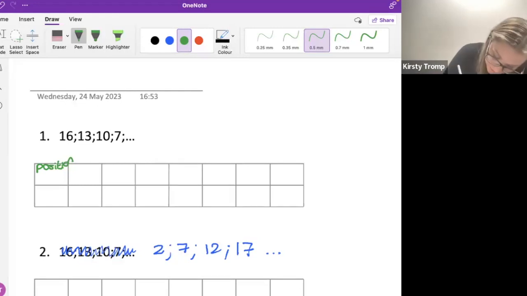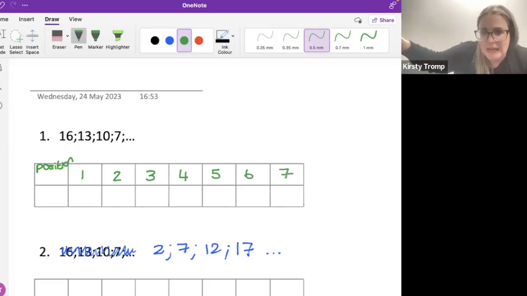So we get first position, second position, third position, fourth, fifth, sixth, seventh, 8th, 9th, 10th, 11th, 12th, and we can go on and on forever and ever. So first we start by putting our position on the top.